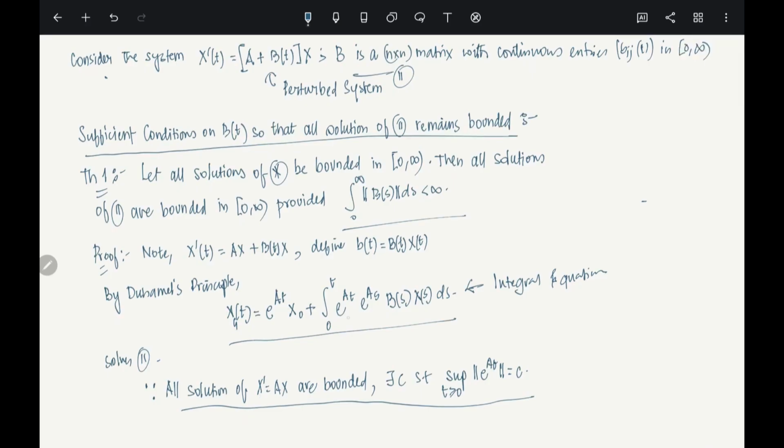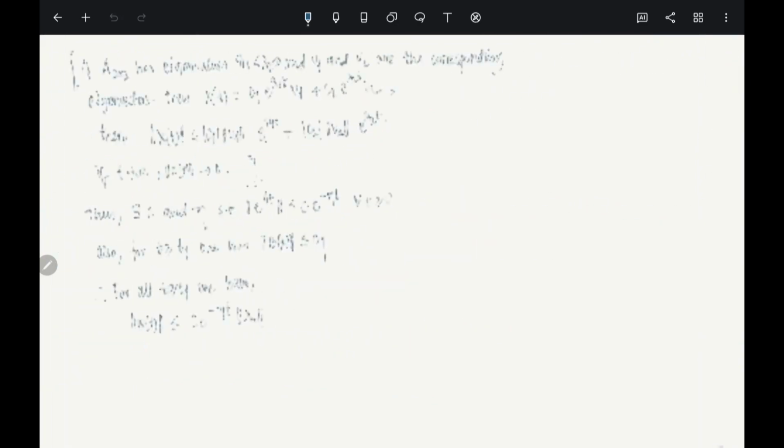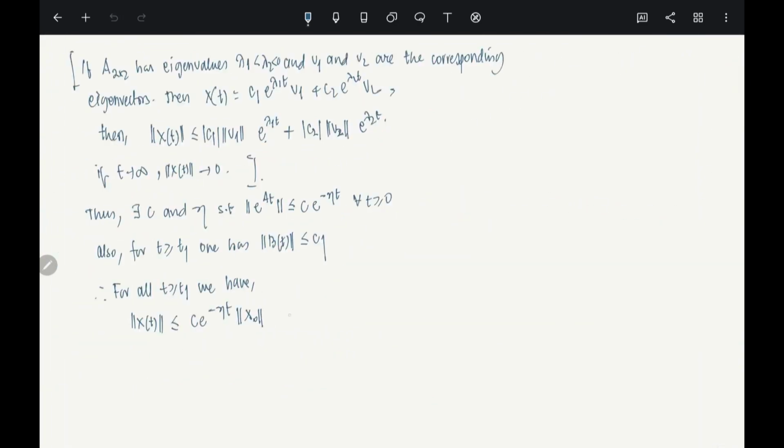And then I have again this term: the integral from 0 to t of c times e to the power minus eta (t minus s), norm of B of s, norm of x of s ds. Clear?